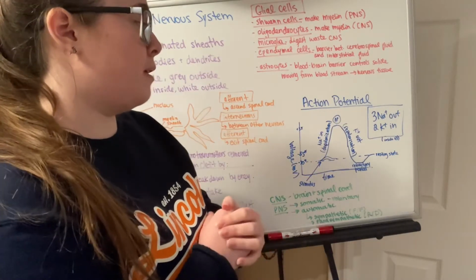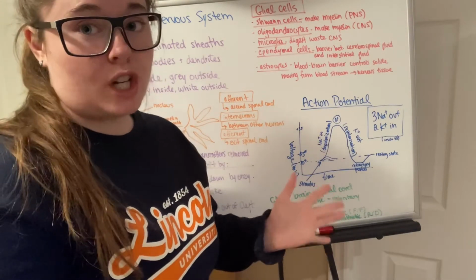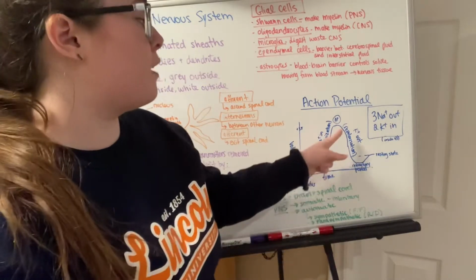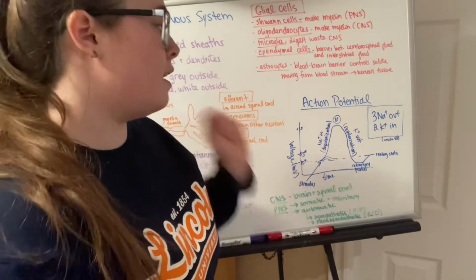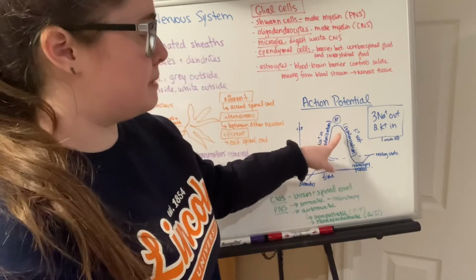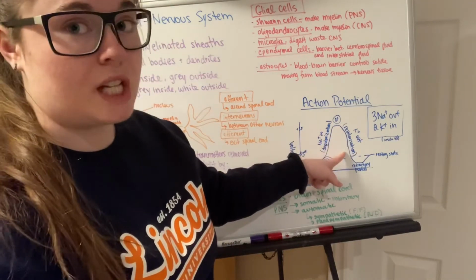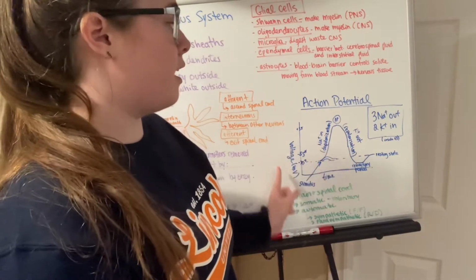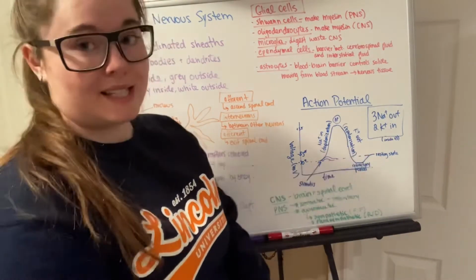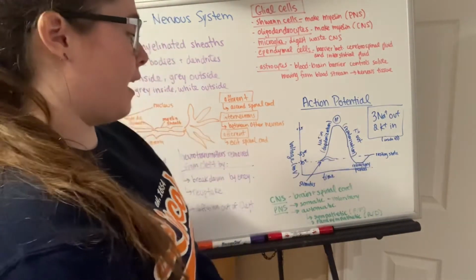Then we will have our sodium channels close, and we will have our potassium channels open, because this will cause the potassium to come out of the cell and cause repolarization, and will bring our cell back to resting membrane potential, the resting state.